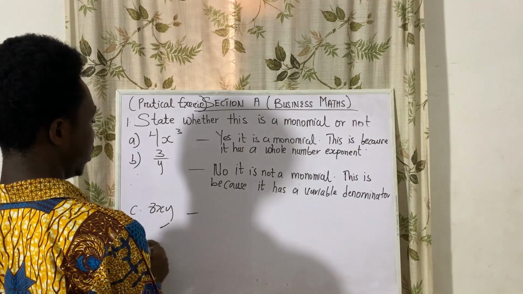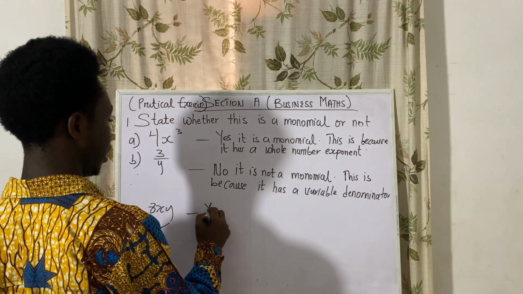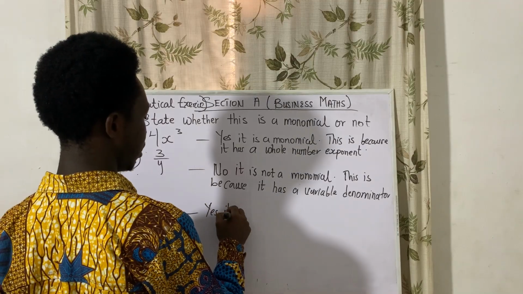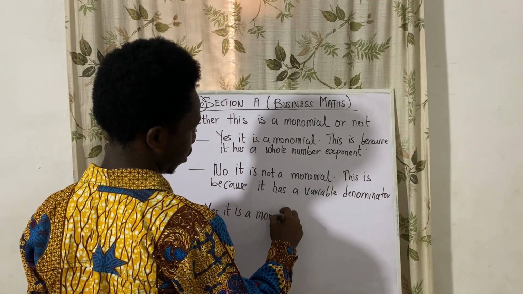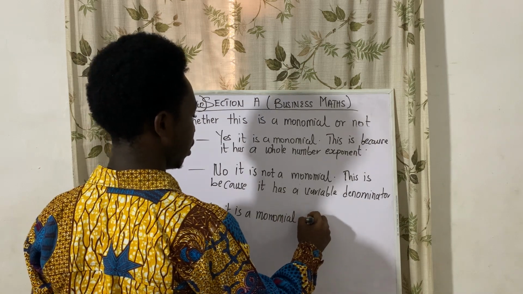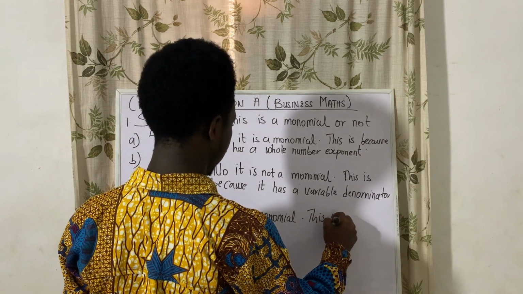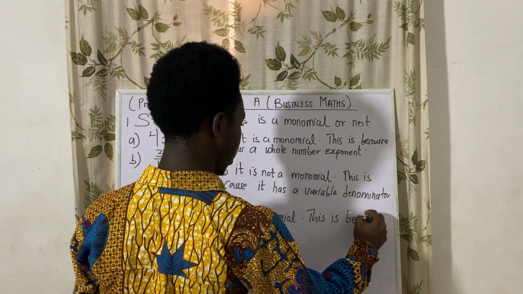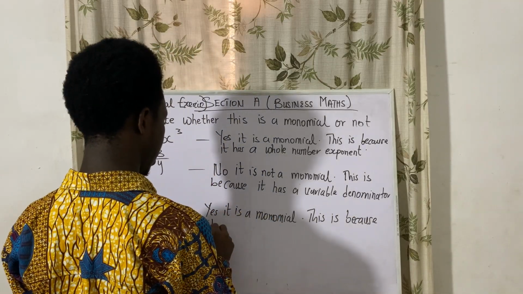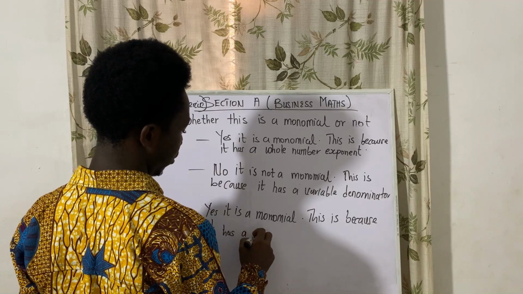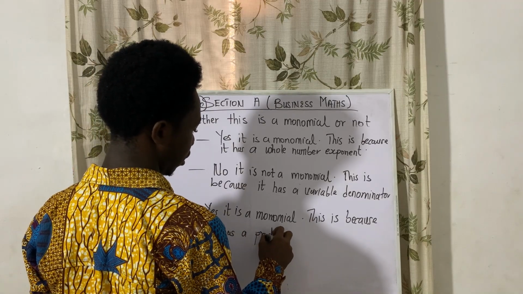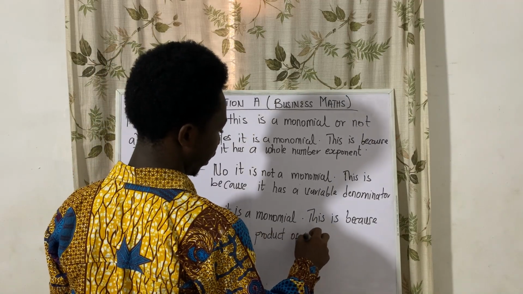What of this? See, we have 8xy. Yes, it is a monomial. This is because it has a product of variables.